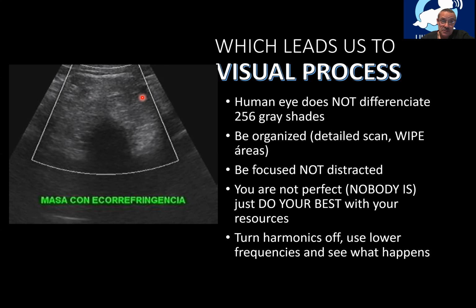On the Virgen de Guadalupe original picture, we can have 256 gray shades. And it's something that appeared in Mexico in 1531. That's a miracle. But this is not a miracle. This is reality. So be organized on your scan, be focused. And remember, you're not perfect, but you're doing your best with your resources.